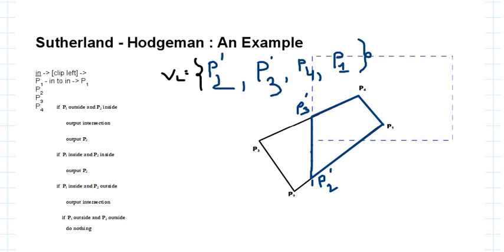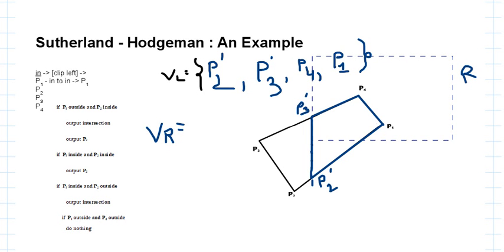Now what will happen if you do this clipping with respect to the right edge? Just give it a thought. Let me start from P1 to P2 dash.